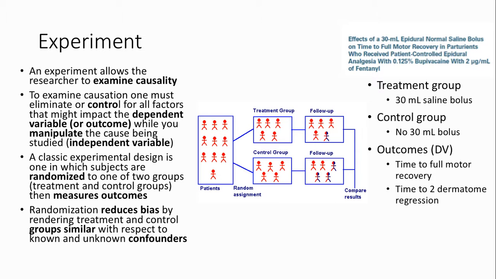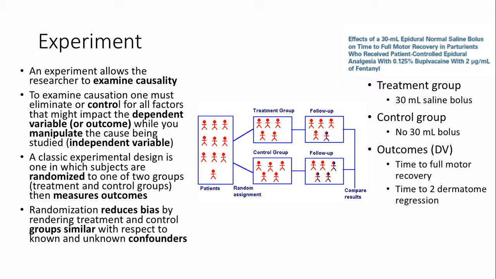In a classic experimental design, you randomize people to 1 or 2 groups, and that randomization essentially helps equalize the groups on key characteristics and helps minimize or reduce what we call bias, so that we can conclude causality. It helps to make sure that the groups are as similar as possible for any known or unknown confounding variables.